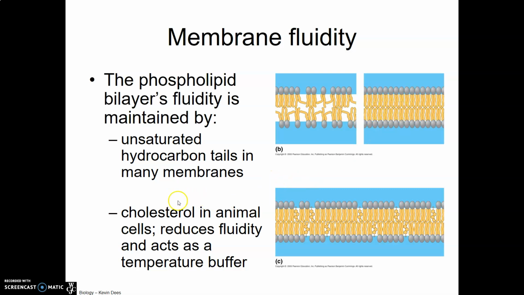But in animal cells, we find cholesterol molecules embedded in this portion of our phospholipid bilayer. And these cholesterol molecules act to help reduce some of that fluidity to keep the cell membrane from just literally flying all apart, and also to act as a temperature buffer. Plant cells don't have that cholesterol in the plasma membranes, but of course remember that plant cells are supported by that external cell wall made of cellulose for their support.